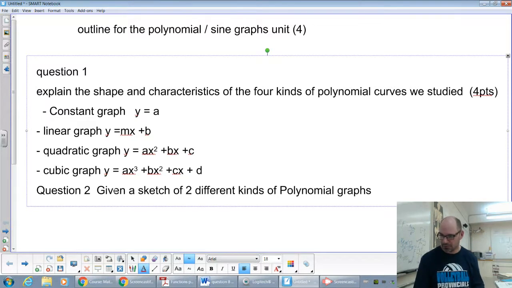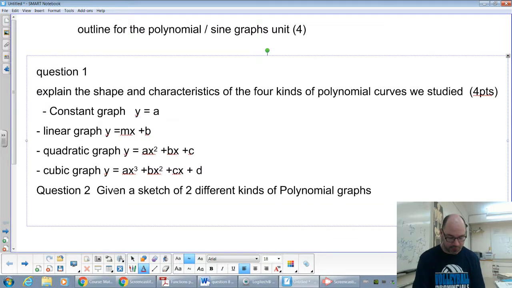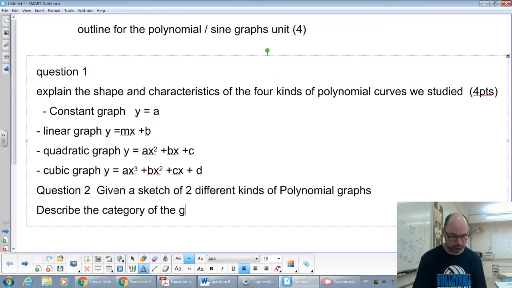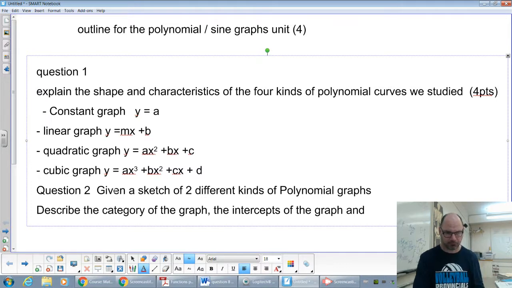Okay, so you describe the category of graph, the intercepts on the graph, and the sign of the leading coefficient. Actually, that one's not in there. That's the next question. Sorry.